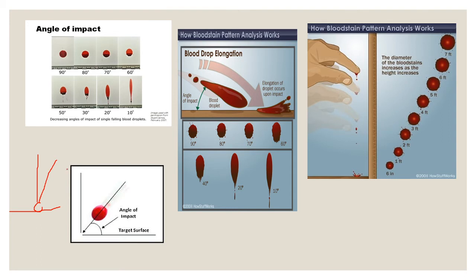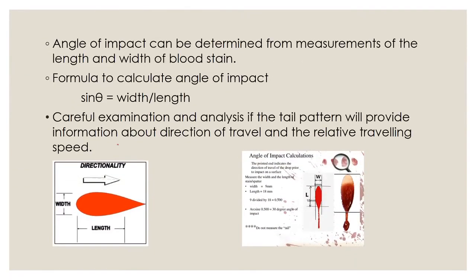And if it is falling at 70 degrees, then again the shape will change. So if the angle of impact is decreasing, or if it is an acute angle, the shape will also reduce. And finally, if it is 90 degrees, we will get a shape like this. So from this we can identify the directionality of the blood stain pattern.